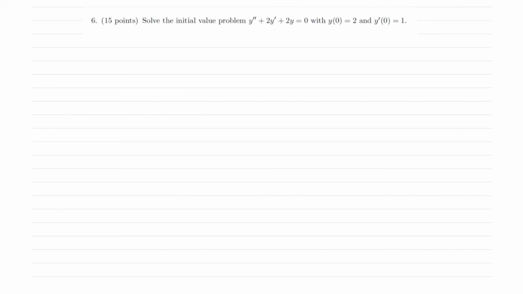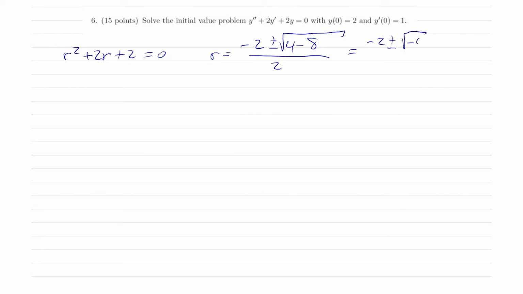And so let's see, we're going to have r squared plus 2r plus 2 is equal to 0. That actually doesn't factor, so let's go ahead and take a look at it with the quadratic equation. So negative b, so that's minus 2, plus or minus the square root of 4 minus 4ac, and so that's going to be 8, all over 2a. And so that gives me negative 2 plus or minus the square root of minus 4 divided by 2.